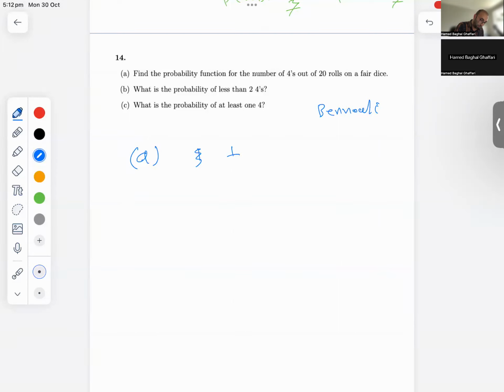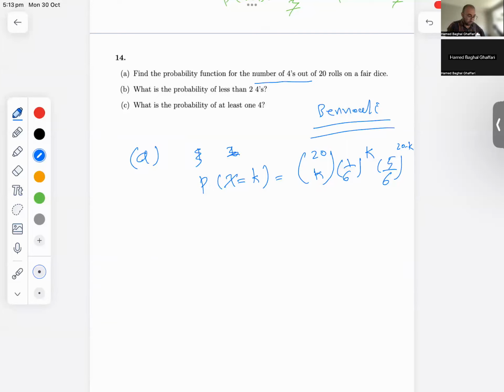The number of fours, so the probability of K will be 20 choose K, 1/6 to the power K, and 5/6 to the power 20 minus K. This is the Bernoulli probability mass function.